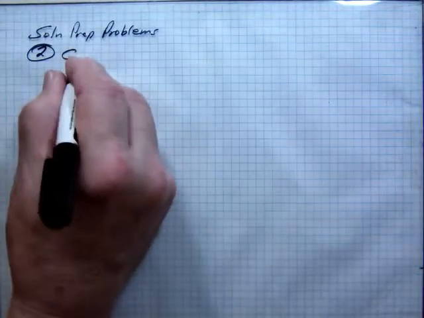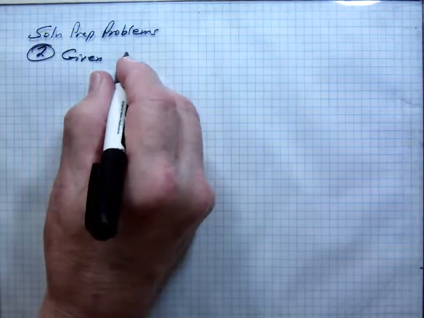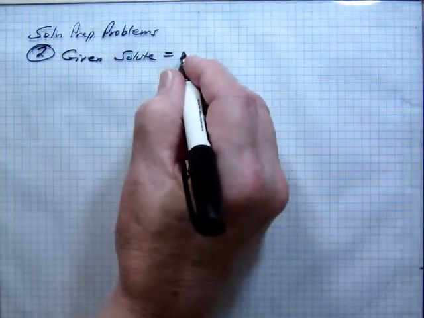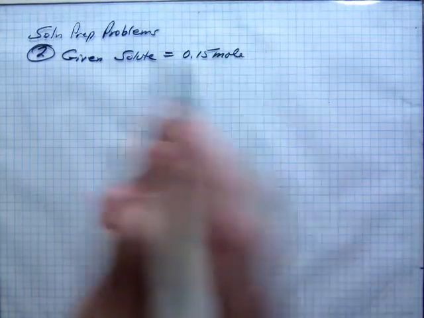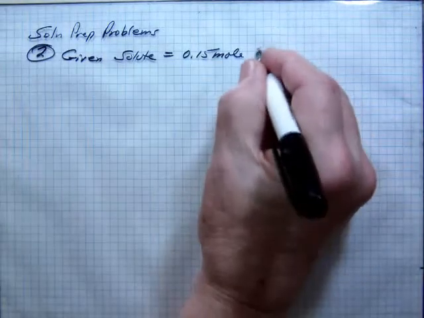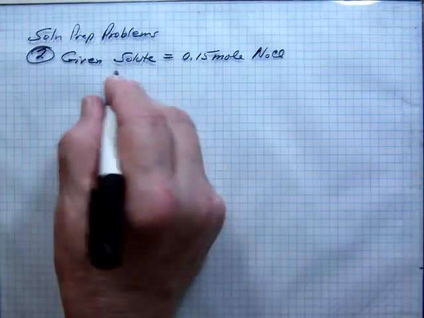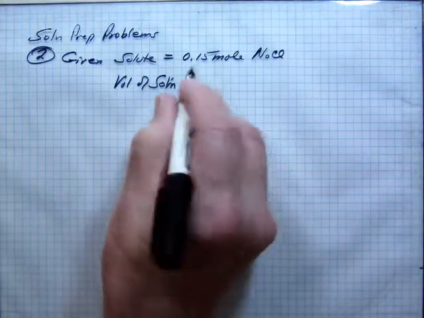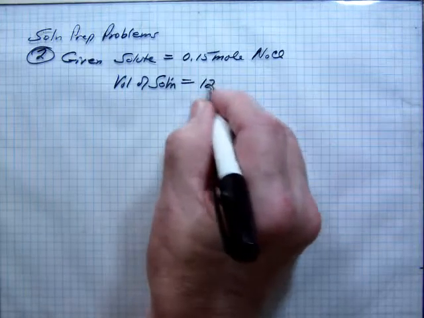So given solute is equal to 0.15 mole sodium chloride, and it's dissolved in that solution, and the volume of solution is equal to 125 milliliters.